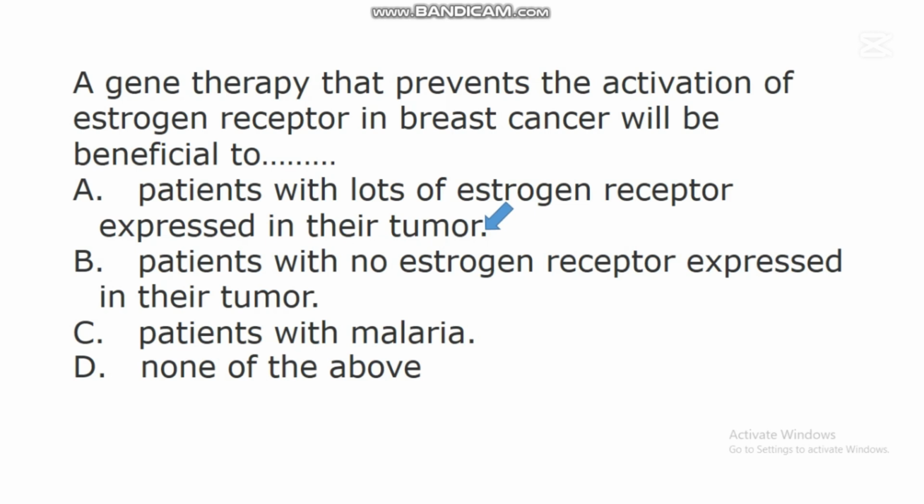So a gene therapy that prevents the activation of this estrogen receptor will be highly beneficial to these patients.